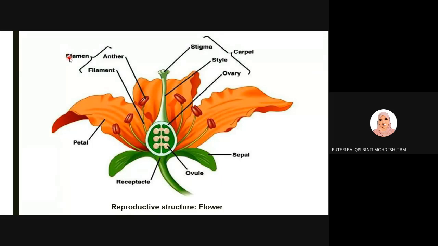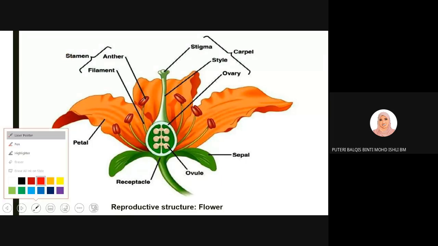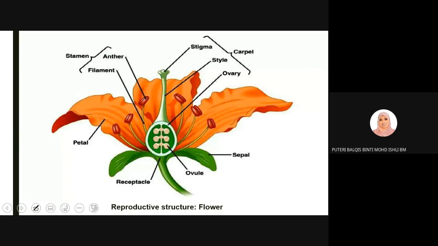Stamen is the male reproductive part. Male macam ni kan. Carpel is female. Tak nampak lah pula. Sekejap. Stamen is male, carpel is the female reproductive part.